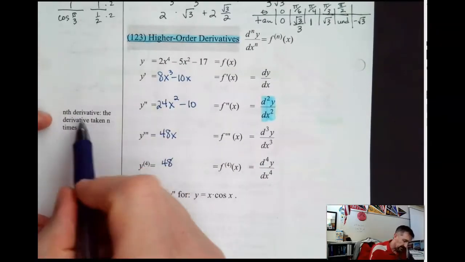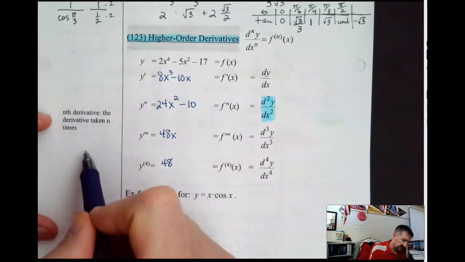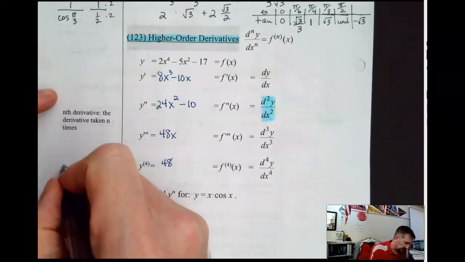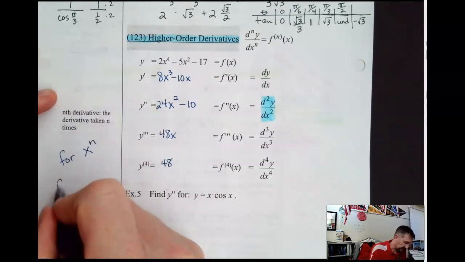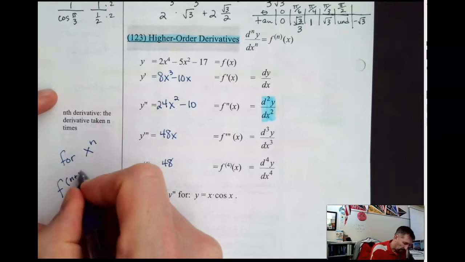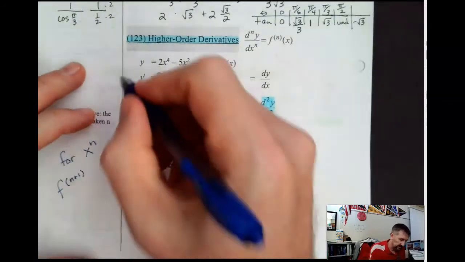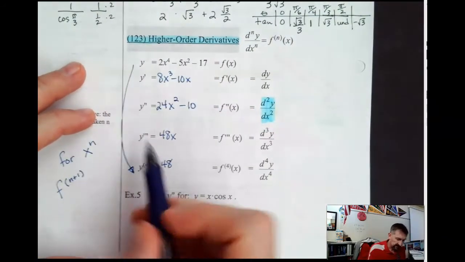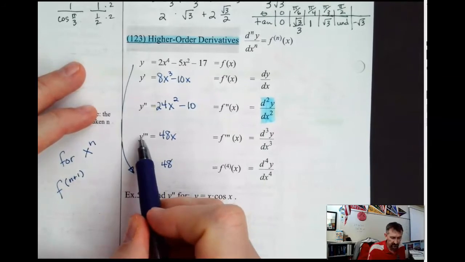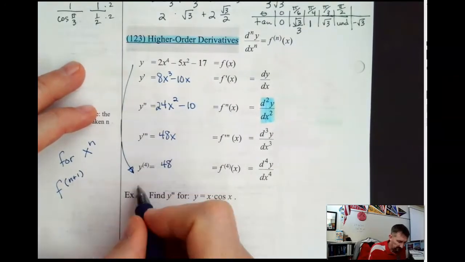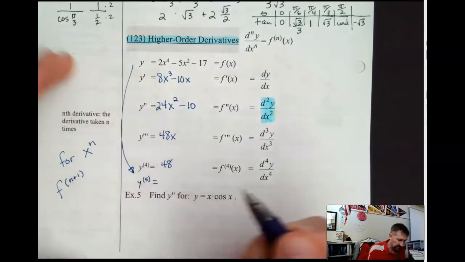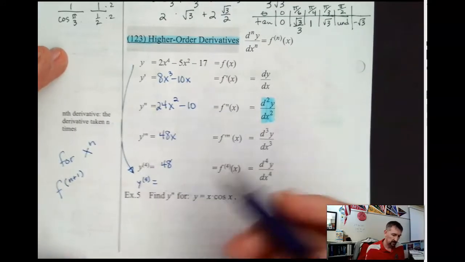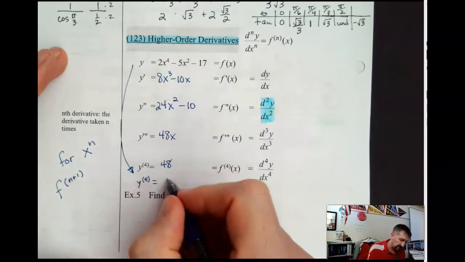Now, let's think about the nth derivative, the derivative taken n times. So let's think about x to the n. If we were to take the derivative one more time than the exponent, let's think about that here. Notice after y triple prime, they just put a 4 up there. So let's think about the fifth derivative of y. Well, if I take the derivative of that, I'm going to end up with 0.